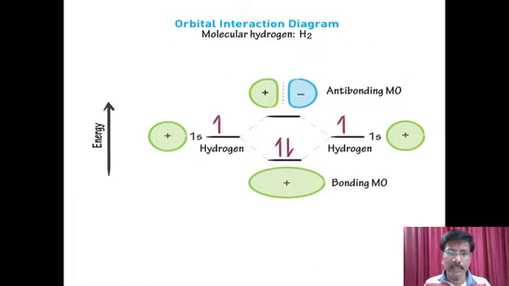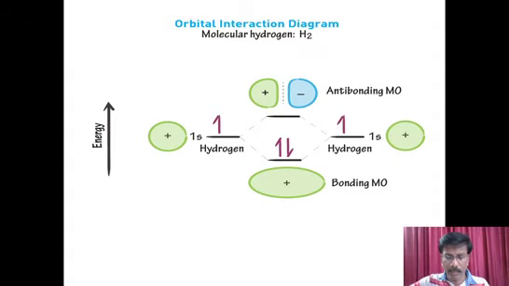Now let us try to understand how these atomic orbitals are combining, and how they generate molecular orbitals. And this is the way to write. If you look at the energy diagram, atomic orbital energies are in the middle, and the bonding molecular orbital, when positive and positive are interacting, gives a bonding type of molecular orbital, which has lesser energy than the atomic orbital.